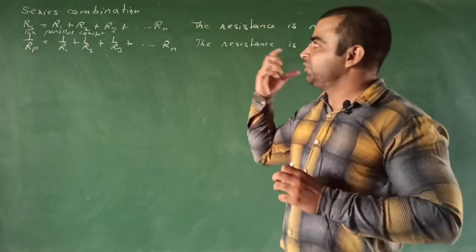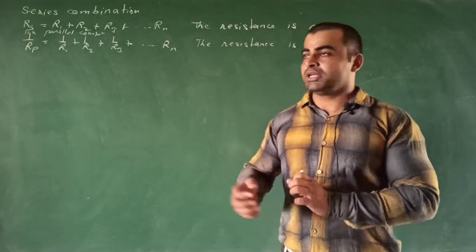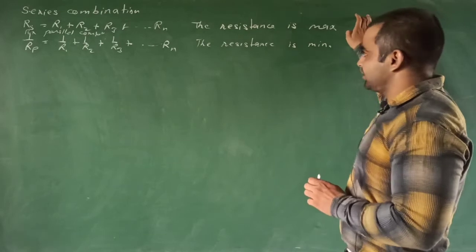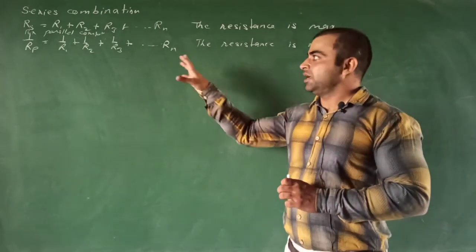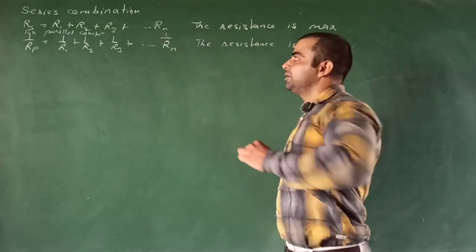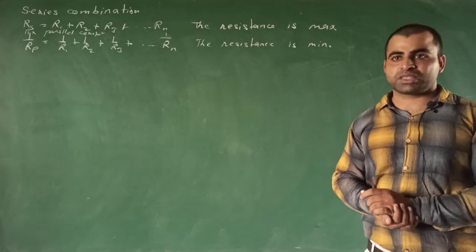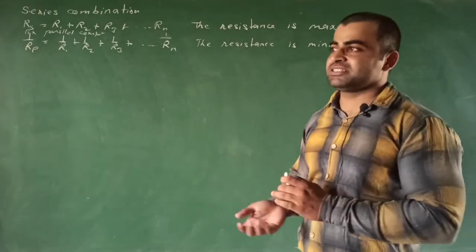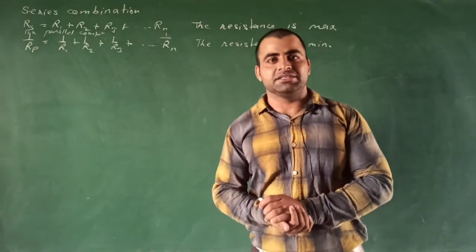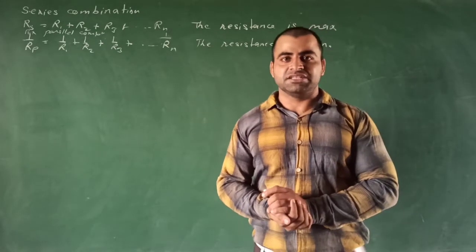So why do we combine the resistances in series? For making the resistance maximum. And why do we combine resistances in parallel? For making the resistance minimum. In parallel combination resistance is minimum, and in series combination resistance is maximum.